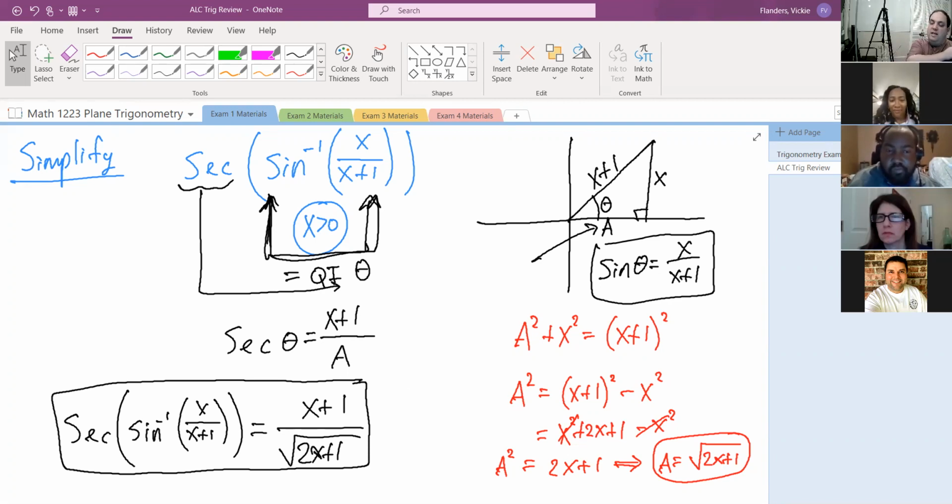What I've just given you is an advanced example of a process, not just an individual problem. You can combine any normal trig on top of an inverse trig in this manner by drawing your own triangle, creating an angle, and then using the ratios and identities that you know.